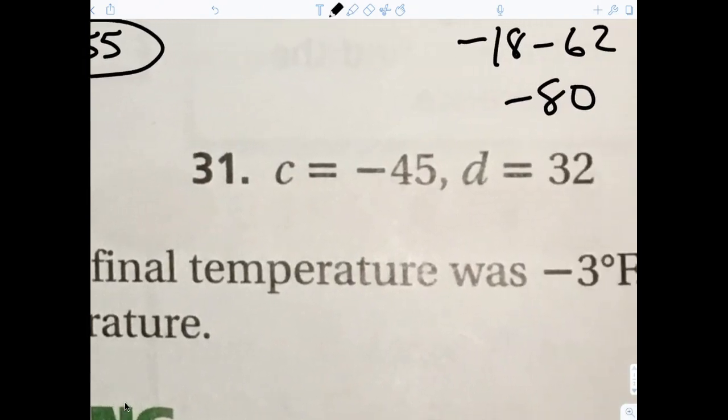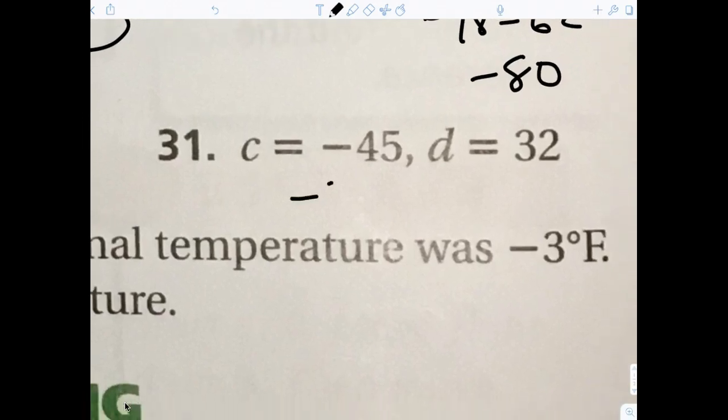No, Carter. Did you do it? Yeah, okay. So Aiden. All right. So now it's negative 45 plus 32. Are we adding them or subtracting them? Why do you think we're adding? Because it says plus, right? But that's incorrect.